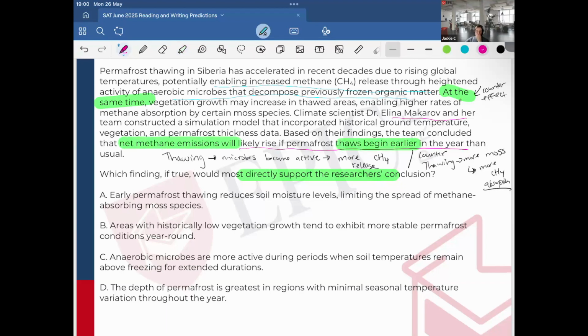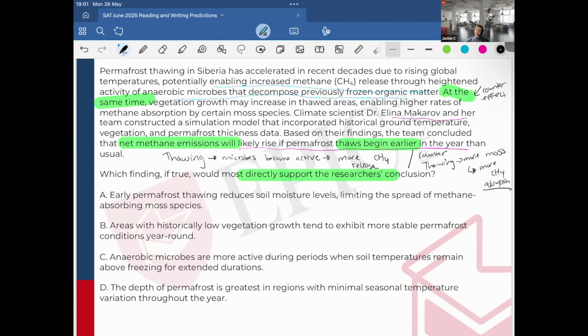So if I want to support Dr. Lena's conclusion, I need to strengthen something with the logic that earlier thaw has more methane released than absorbed. Okay, so how could we strengthen this logic? Well, some ideas that come to mind are maybe boosting the release side, or maybe we're going to weaken the absorption side.